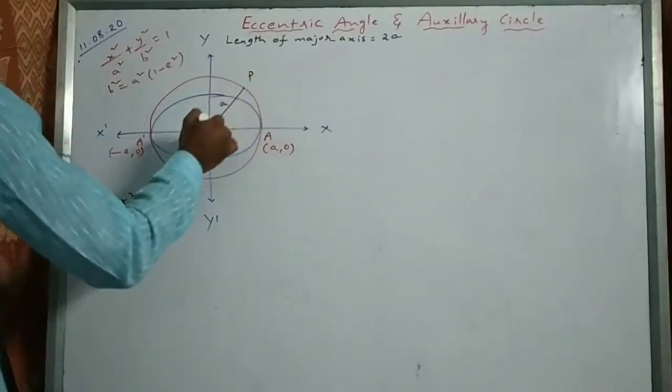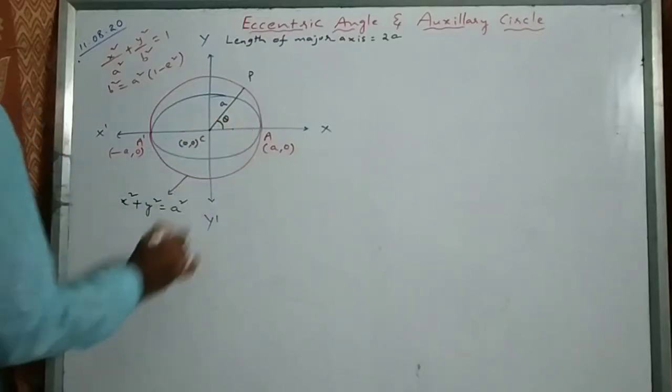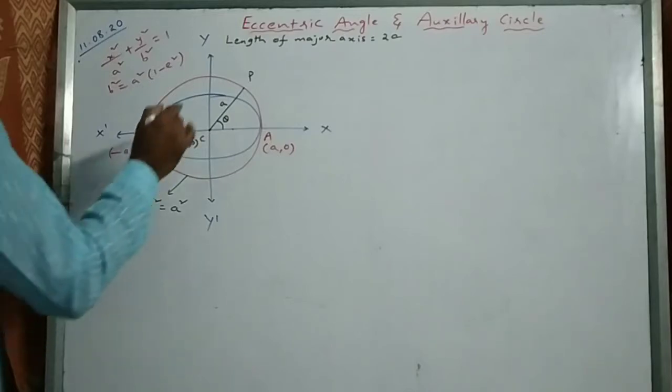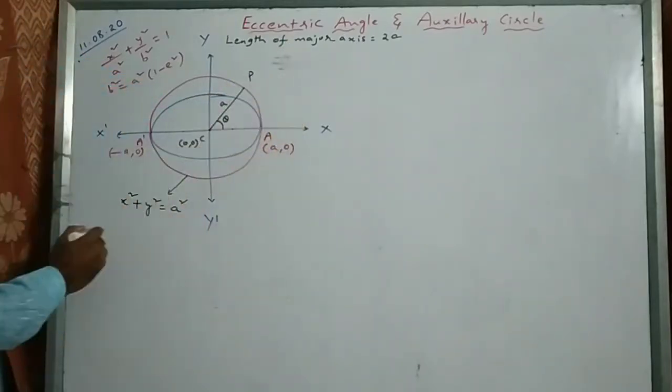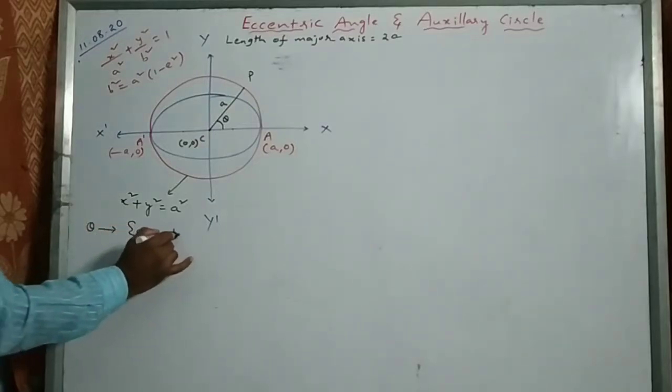Okay, this radius is making some angle theta with the positive direction of x axis. This theta is called eccentric angle. What do you call that theta? Eccentric angle.